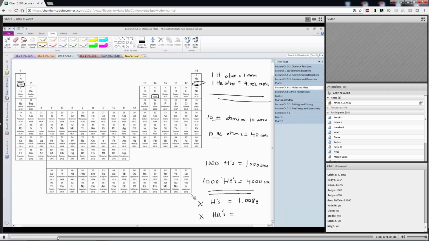If I had a certain number of H atoms that weighed 1.008 grams, how much would that same number of helium atoms weigh? Everybody agree with Caleb?